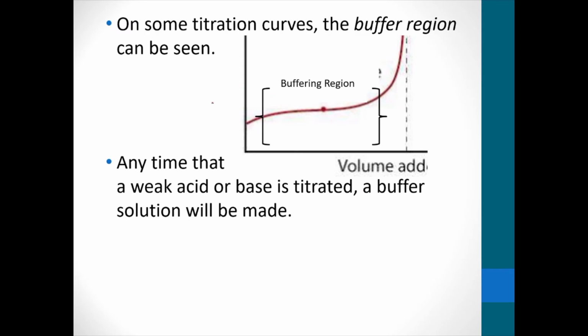And notice here, if this is pH, the pH here is relatively constant. So we have a mostly constant pH for this region here. And eventually it'll spike quite high.